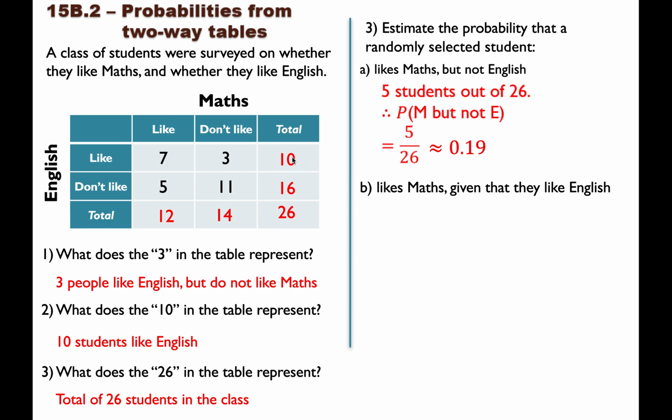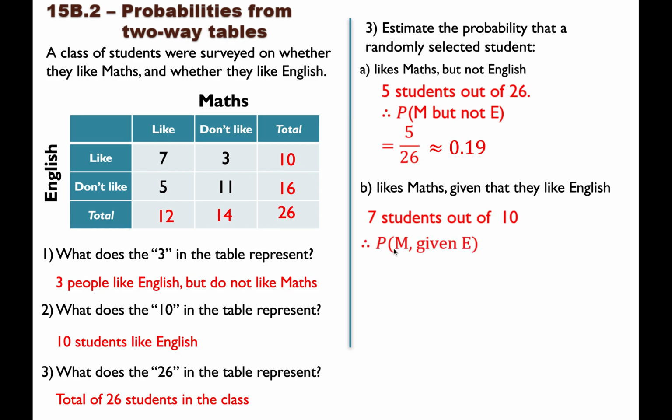Out of those 10 students, 7 of them like maths, and 3 don't like maths. So there are 7 students out of 10 students. I'm not doing it out of the whole class, I'm doing it out of the students that like English. When you see given that they like English, you can imagine that as out of that group. Okay, so 7 students out of 10.